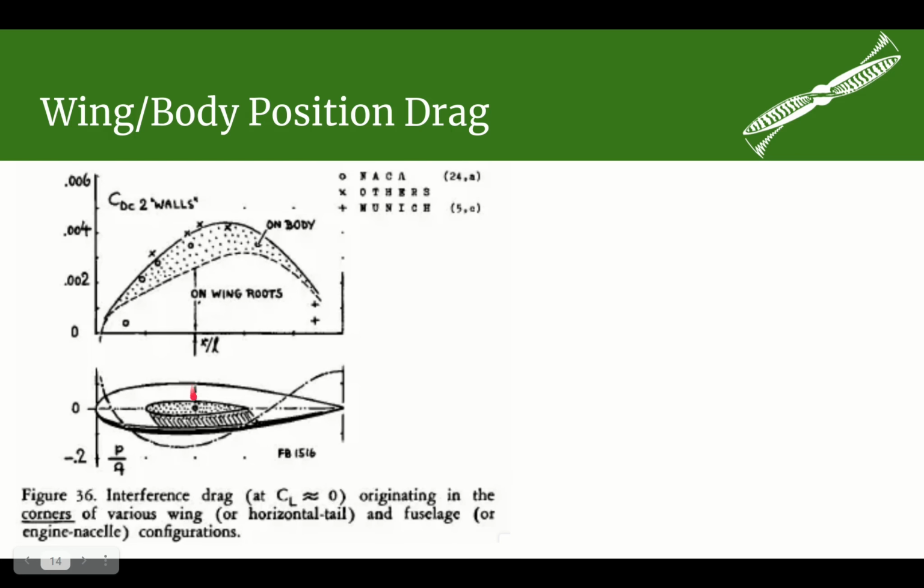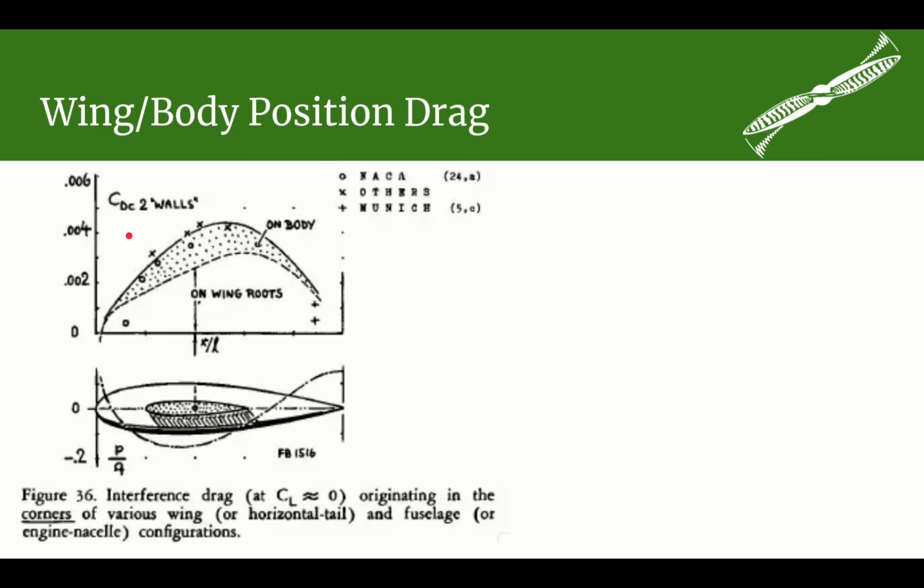So if this dot is clear up here, that's 0. If this dot on this airfoil is moved all the way back here, that's all the way over here on the right hand. So that would be 1. So L is distance from leading edge of this to trailing edge. X is the position along that length. Up here on this vertical axis, we're looking at interference drag.